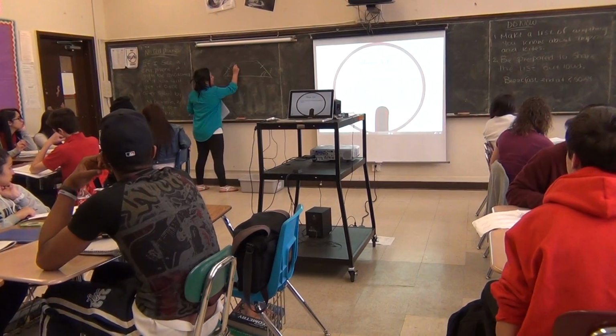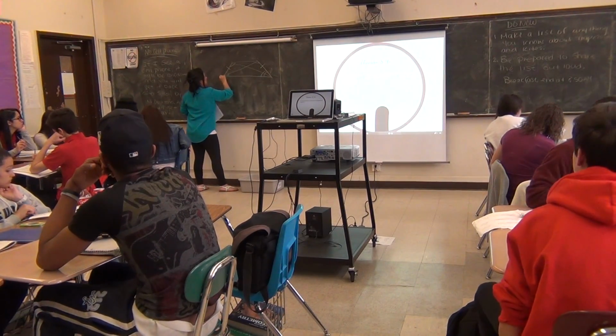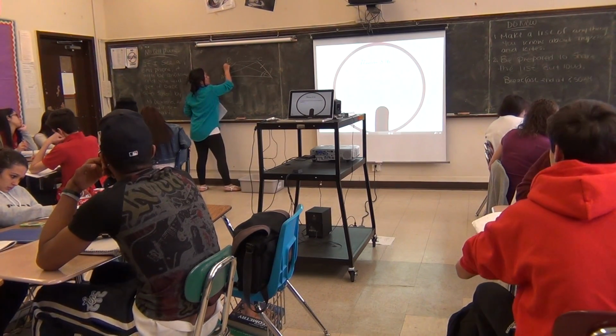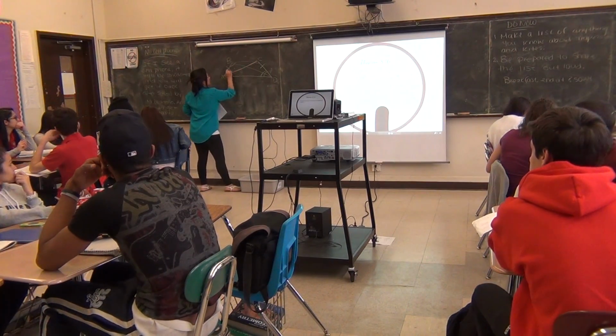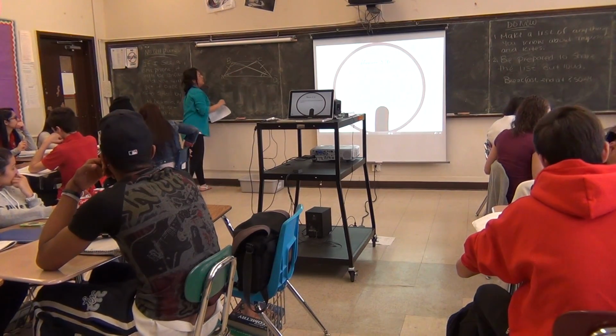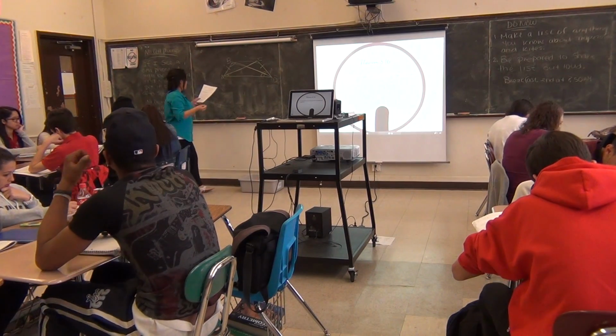So the diagonals have to be congruent. So if this diagonal right here, diagonal AC, is 10, what is diagonal BD? If this one right here is 10, then this one is 10 as well, right? Okay, that was simple.